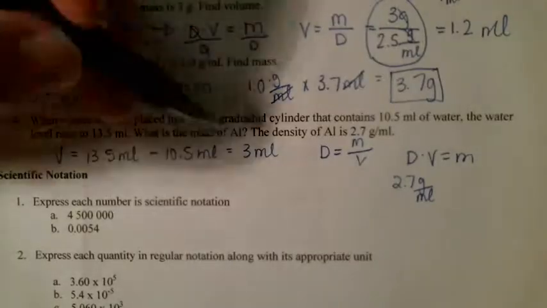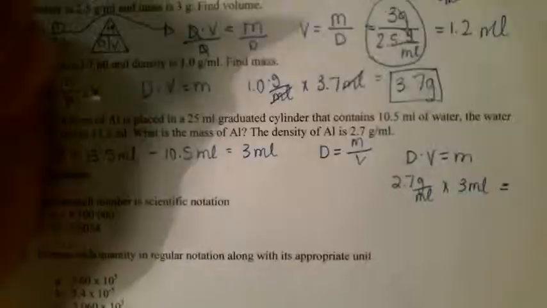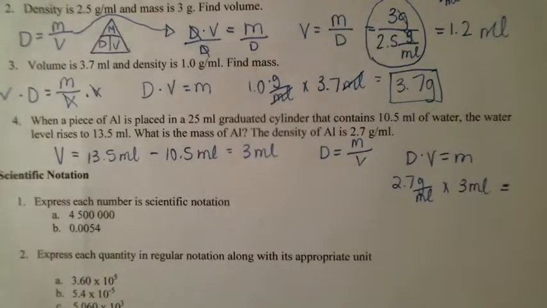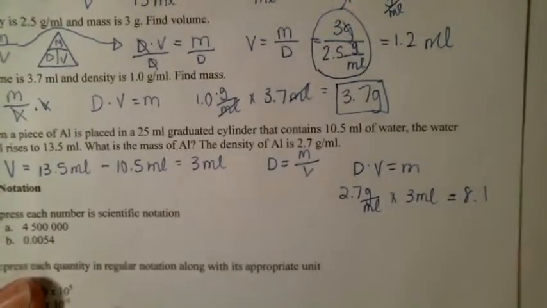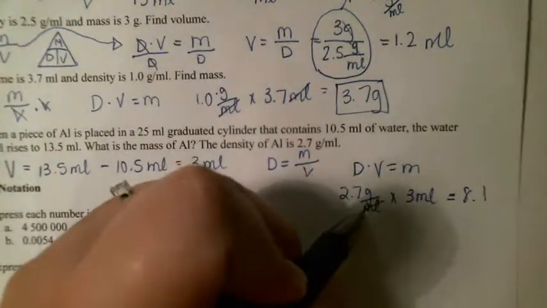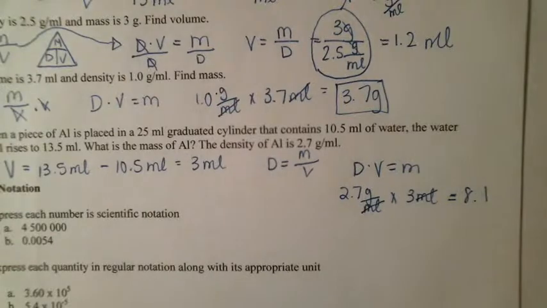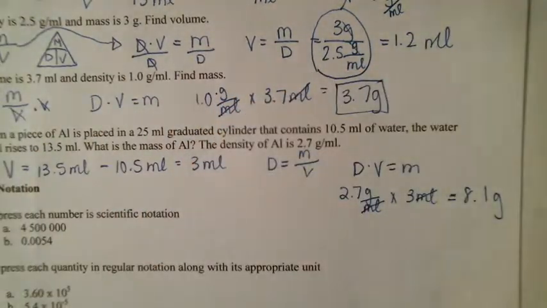The volume we calculated to be 3 milliliters. Okay, and that equals 2.7 times 3. That is 8.1. Okay, 8.1. Do you guys see the milliliters cancel again? And our units are grams.